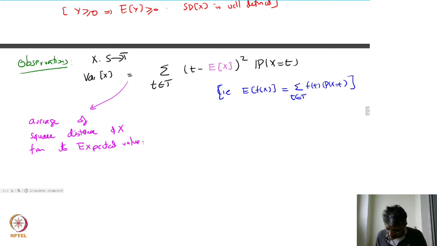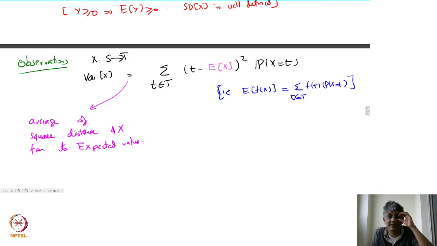So how do you measure if variance of x is large? It means t minus E of x has to be large for some t, so with high probability x will take a value far away from E of x. That means the variance will be large. If variance is small, that means everybody is close to E of x, and x is concentrated around E of x.